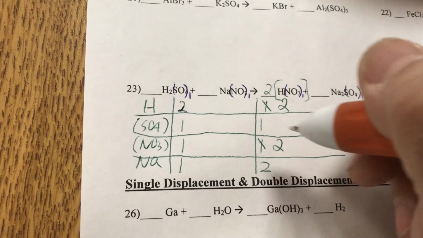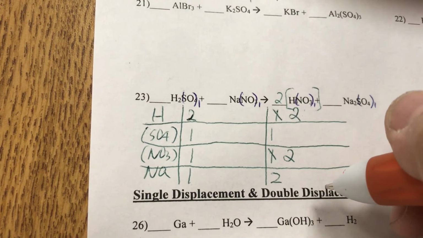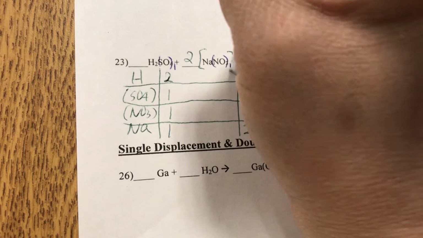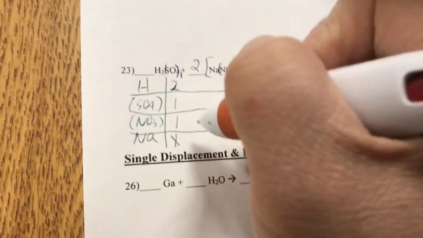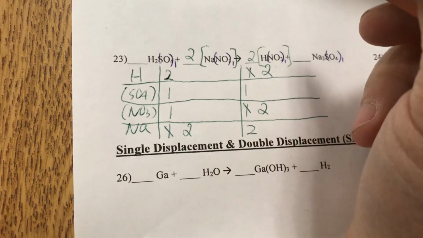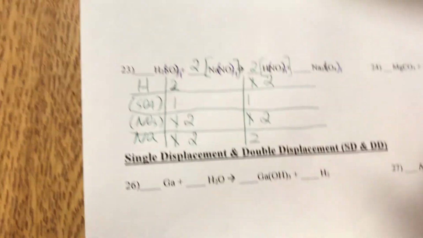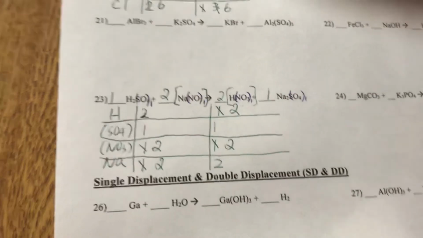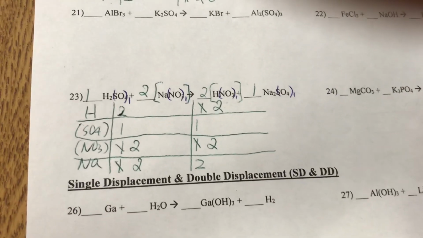But then now I make the NO3 not happy, and also the Na is not happy either. So how can I fix that? I'm going to put the 2 in front here to make the 2 Na, and then I also make the 2 NO3. So it looks like everybody happy. So then finally, I'm going to put the 1 here. 1, 2, 2, 1 is also acceptable because it's the least number of the ratio.